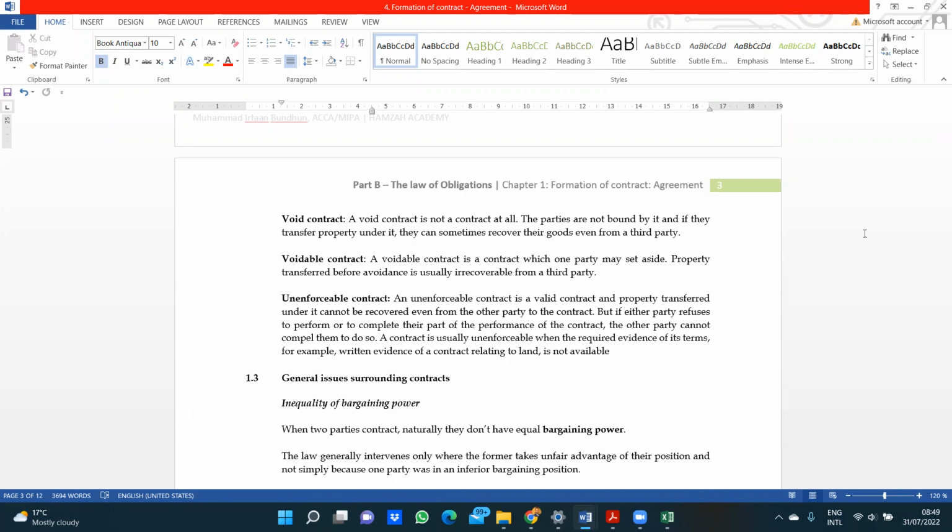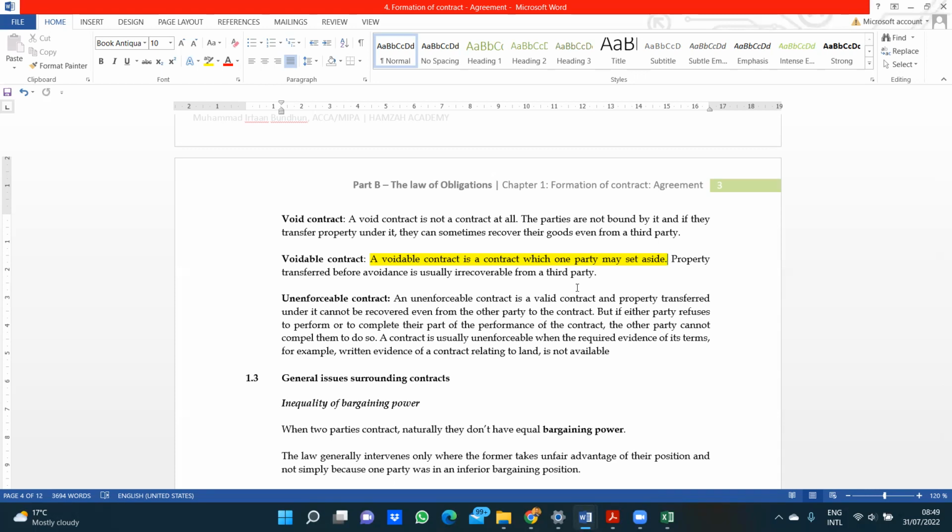Voidable contract. A voidable contract is a contract which one party may set aside. Okay. Property transferred before avoidance is usually irrevocable and irrecoverable from a third party. For example, a voidable contract is a contract with failure to disclose items as required by law.